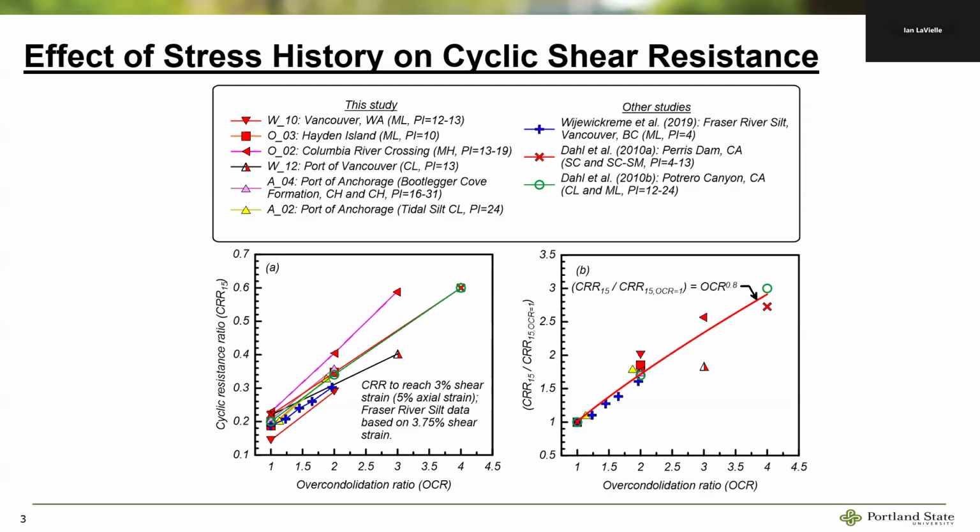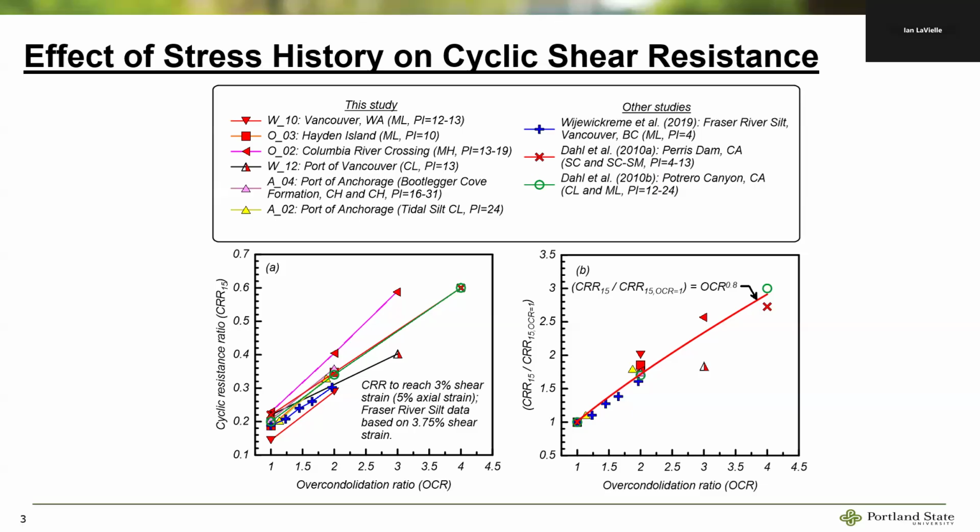And as a lot of people have reported, it increases with OCR. You see data here from Washington, Oregon, some data from Bootlegger Cove in Alaska, and also tidal silts in Alaska, and other studies too, from Vijay Karimi, British Columbia on Fraser River silt, Dahl et al., the UC Davis test.